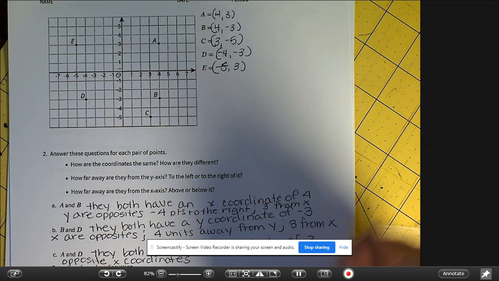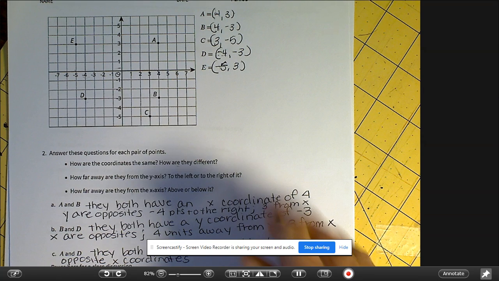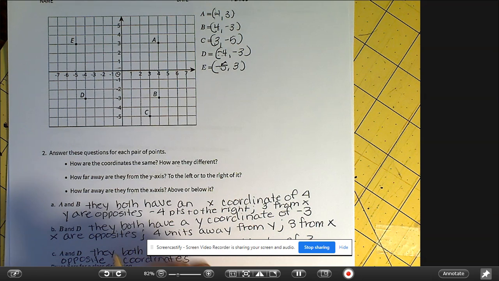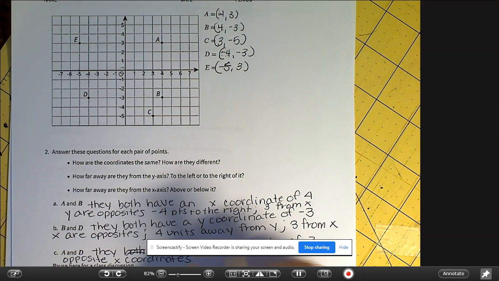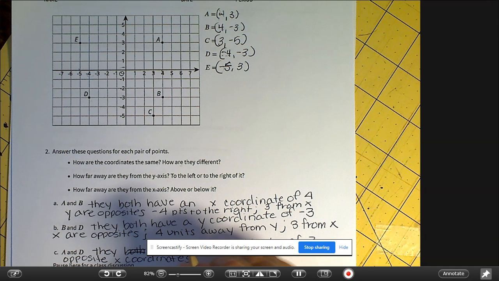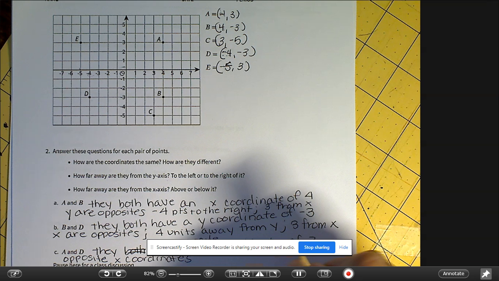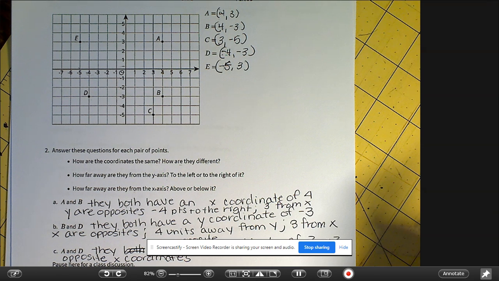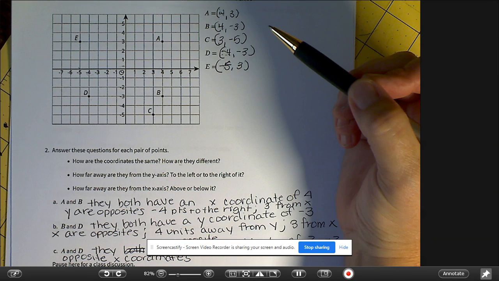So they have opposite y coordinates of 3 and negative 3. They have opposite x coordinates of 4 and negative 4.